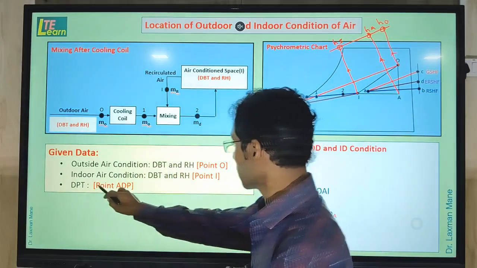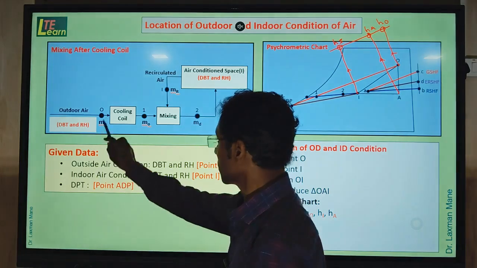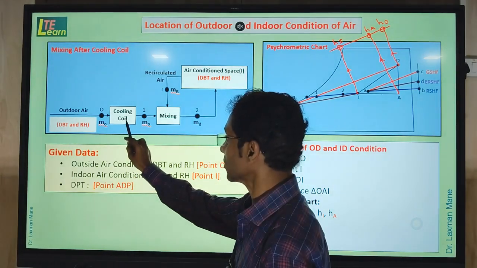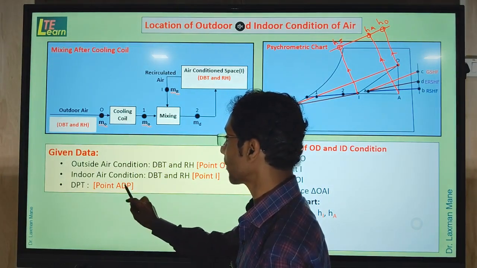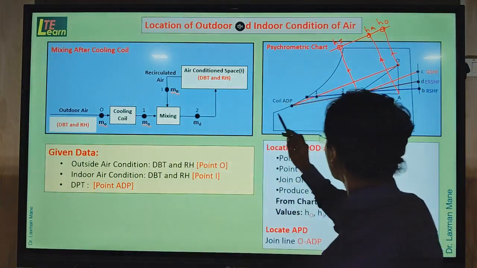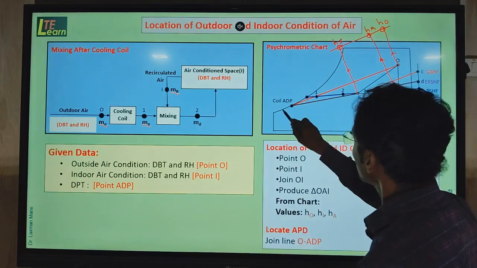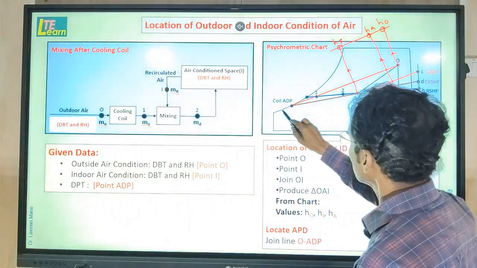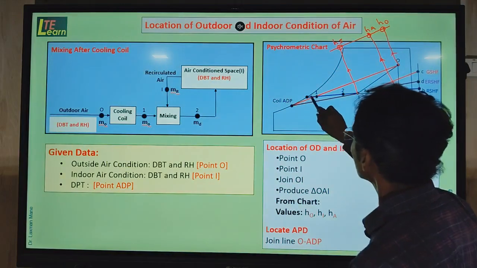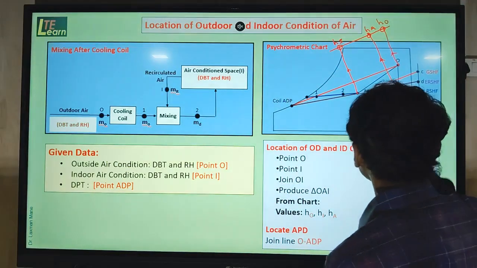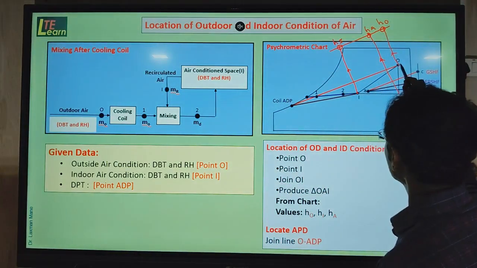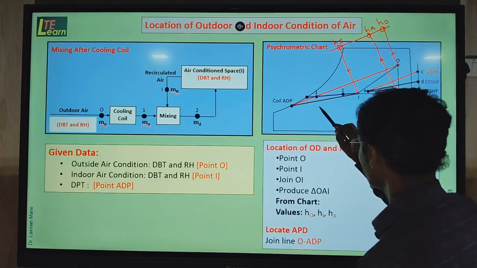In the numerical, dew point temperature means cooling coil surface temperature is given, that is also called as apparatus dew point. So that apparatus dew point is situated on the saturated line, that is relative humidity line of 100%. After that we join this point O to ADP.